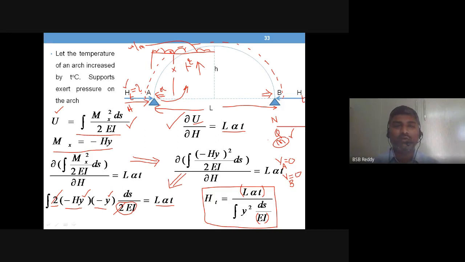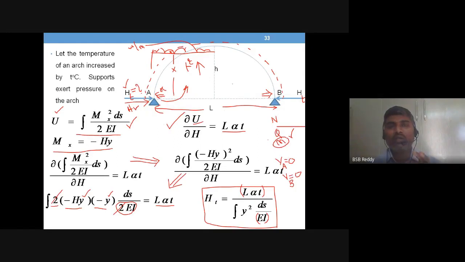Okay, so you have H from temperature, so both temperature and loads. You have H developed from loads and also from the temperature change. So if you observe, both are in the same direction. Okay, so let us discuss this in a bit more extensive manner.